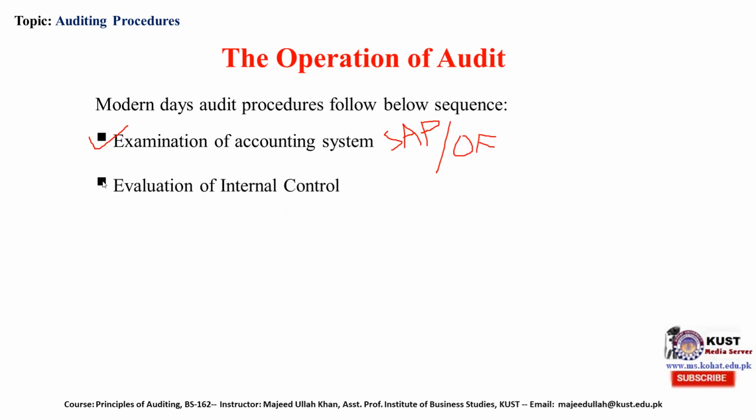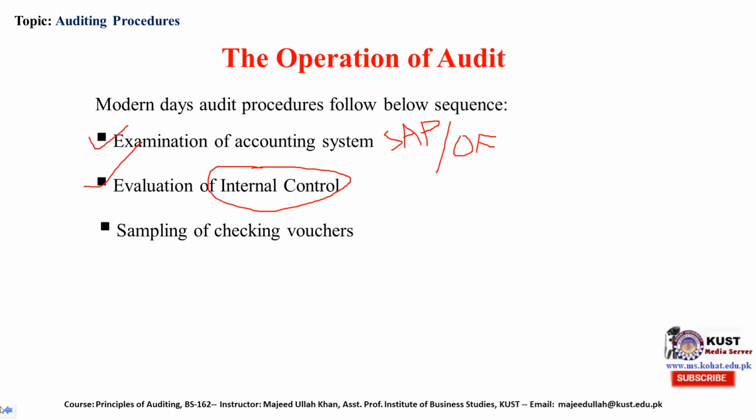Then the auditor will also consider internal control. Internal control will be discussed in a later chapter, but it is a whole system that checks or examines the efficiency and adequacy of the accounting system, and whether policies and procedures are being followed or not. If there is efficient internal control, the auditor is confident in the system.